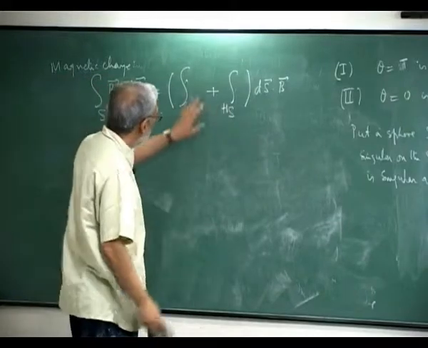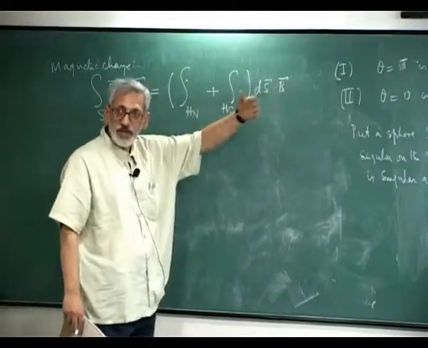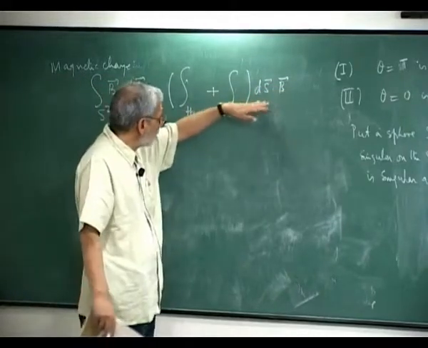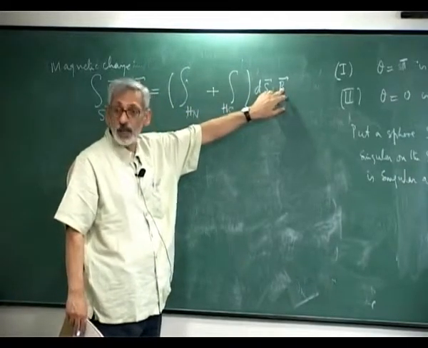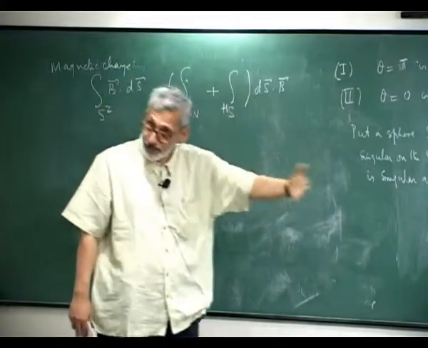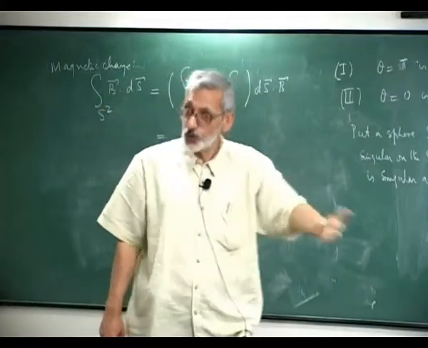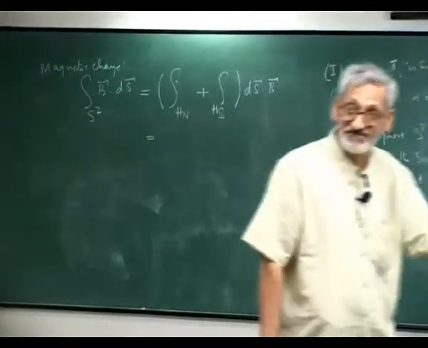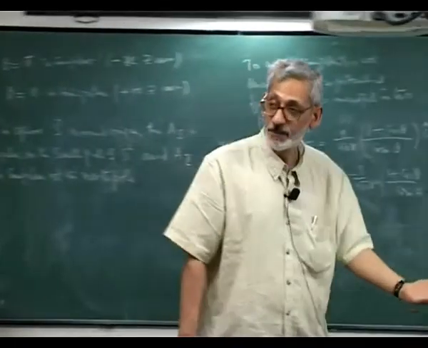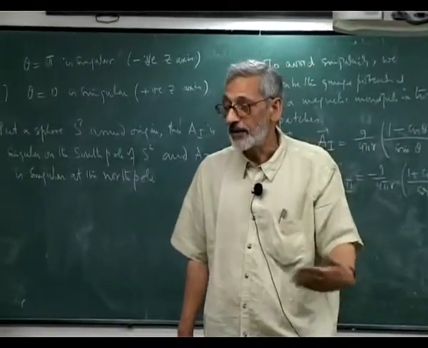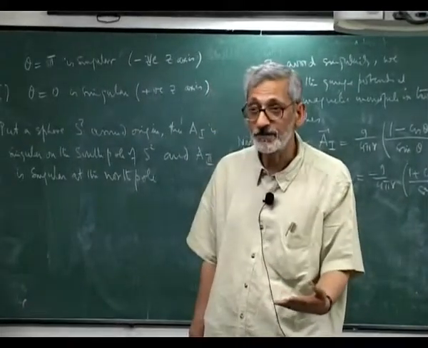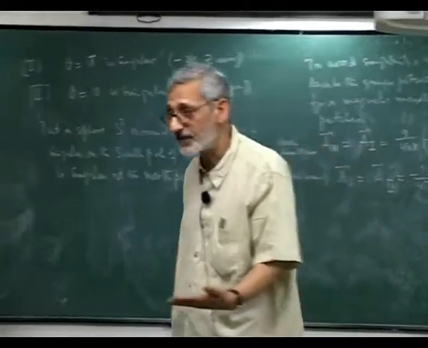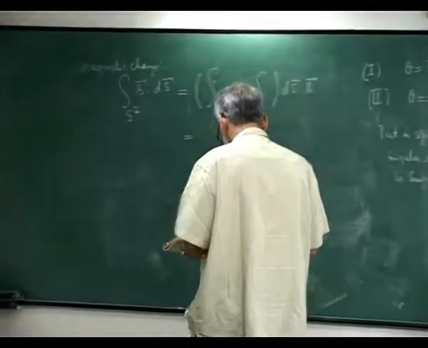And now when I break it into northern hemisphere and southern hemisphere, I can convert this B as a curl of an A, which is well defined, because in each region I have two different A's. And therefore I can use Stokes theorem in each region.